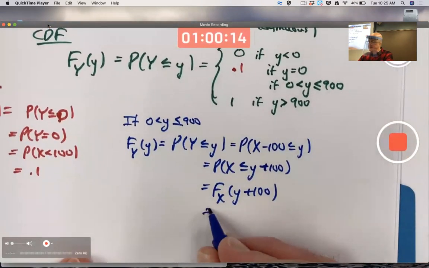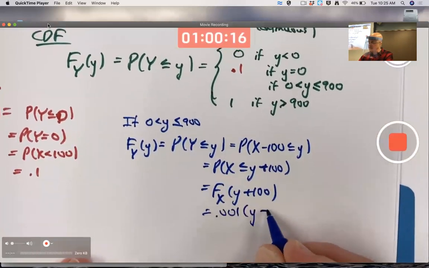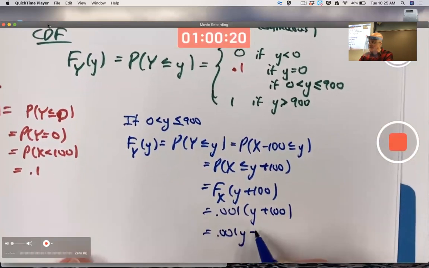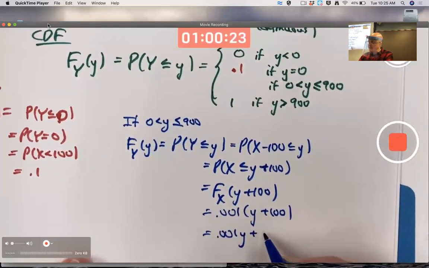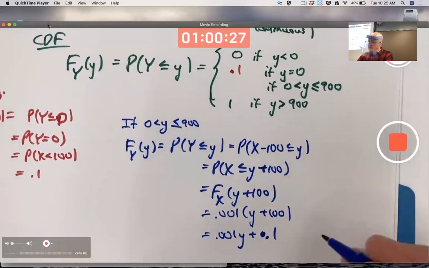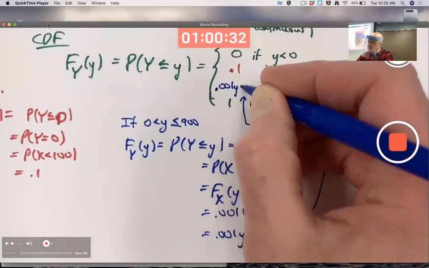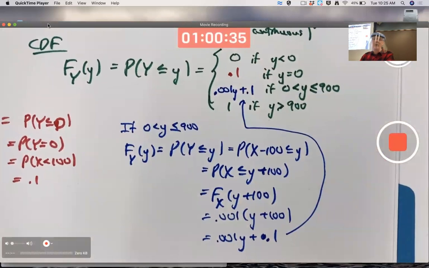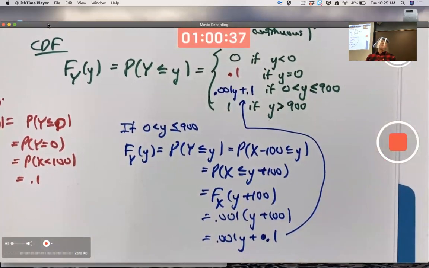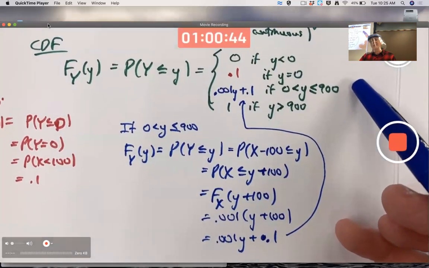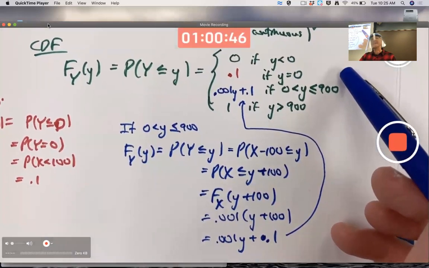So I get 0.001 times y plus 100, or 0.001y plus 0.1. That's what goes up there. 0.001y plus 0.1, which does have a limiting value of 0.1 as y goes to 0. So yeah, I could have lumped case 2 and case 3 together, but I wanted to emphasize the jump discontinuity at 0.